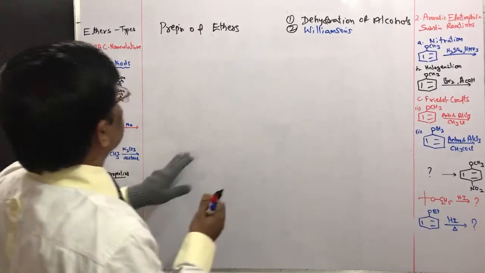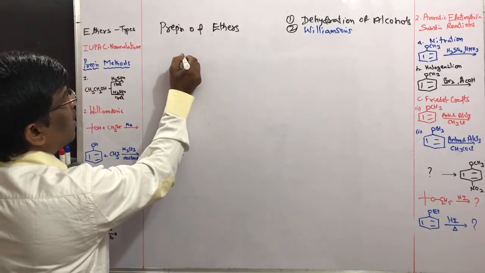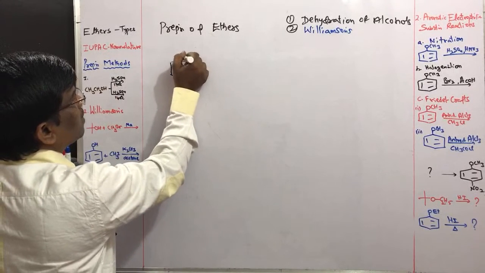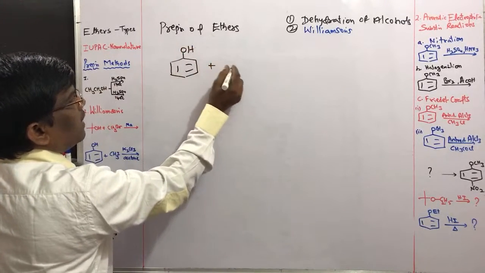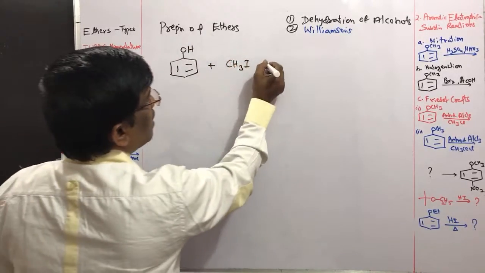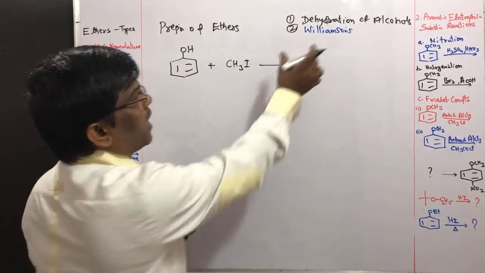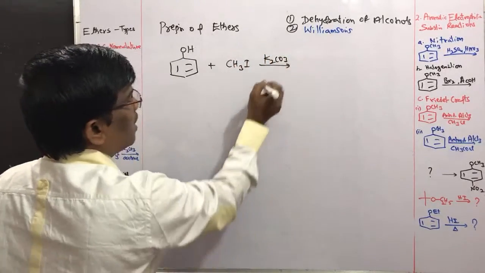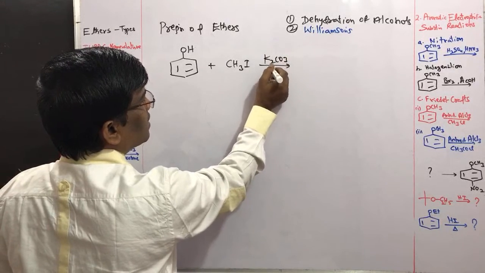So here if I take phenol and take methyl iodide or bromide, and in the modified Williamson series I can use potassium carbonate and acetone as a solvent.